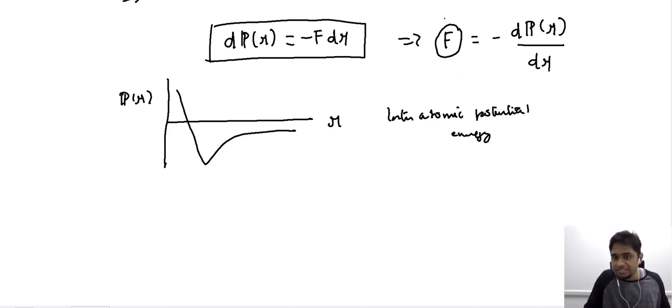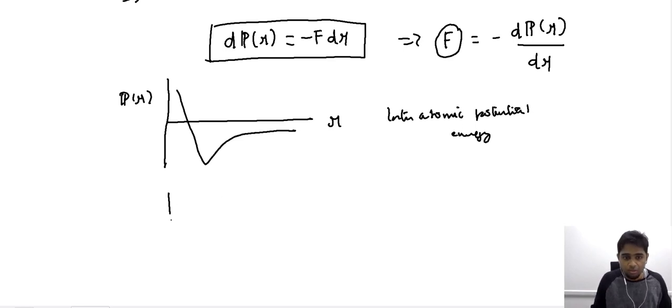So in conceptual terms, the slope of this curve is nothing but the interatomic force. This slope of the curve is varying with respect to R. So if we are able to gather the trend associated with the change in the slope of the curve with respect to R, then we are able to schematically represent the interatomic force.